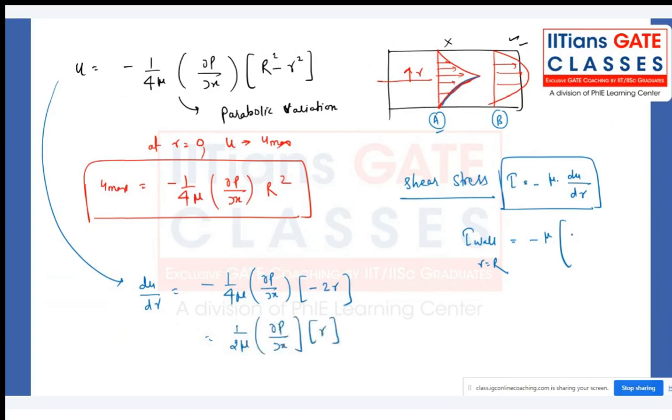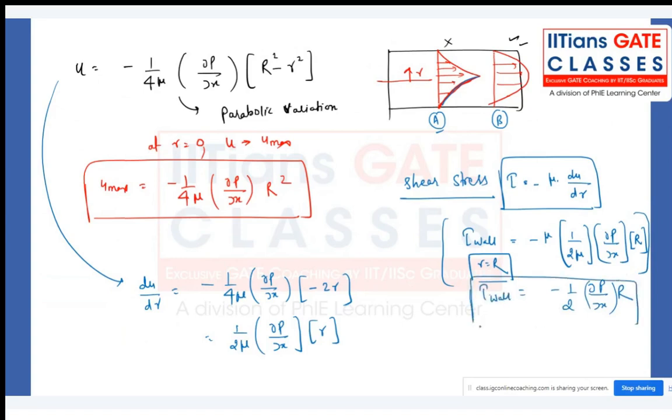So at r equal to capital R, this is my wall shear stress, and the final formula is minus 1 upon 2 dou p by dou x into R.